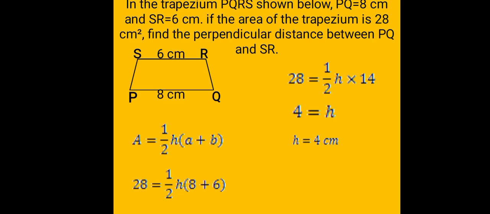We have been given the area as 28, so we have a half into the height, which we are to find, into a and b, which are the parallel lengths, so it is 8 plus 6. Now solving for h, we find that h is 4 centimeters.